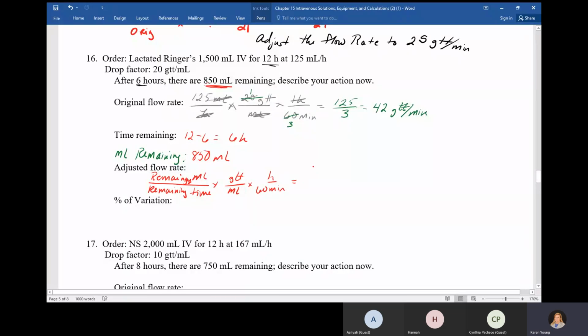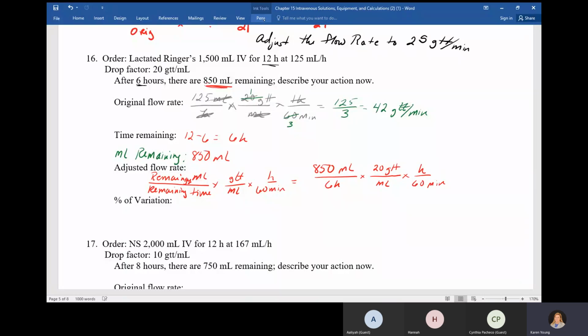So my remaining milliliters is 850. Remaining time is 6 hours. My drop factor is the 20 drops per milliliter. My time is 1 hour, 60 minutes.